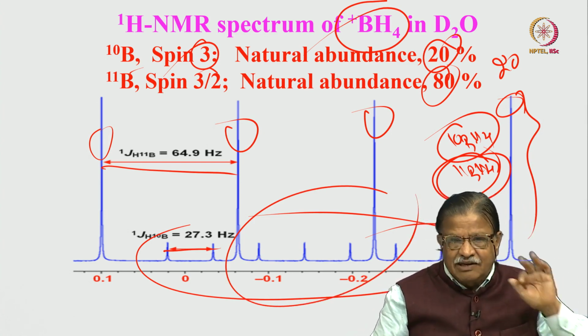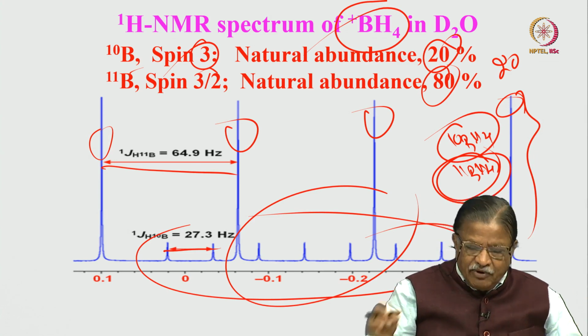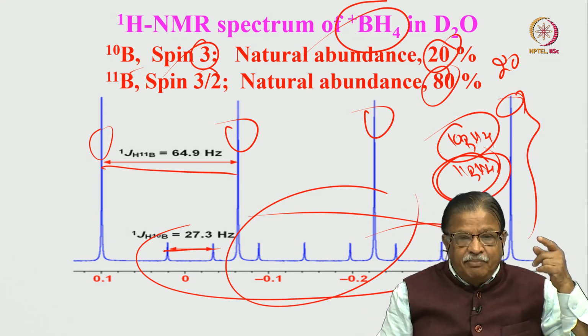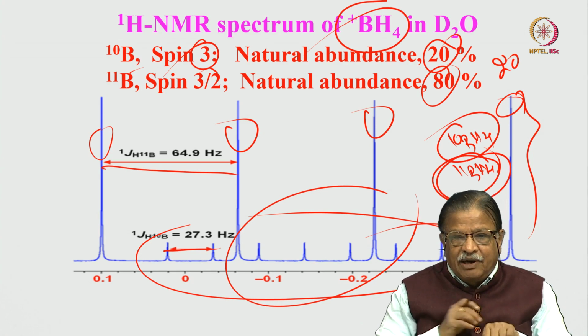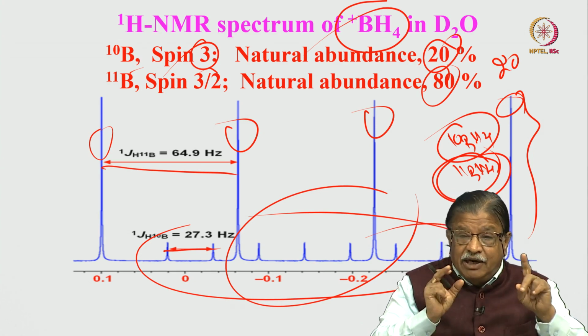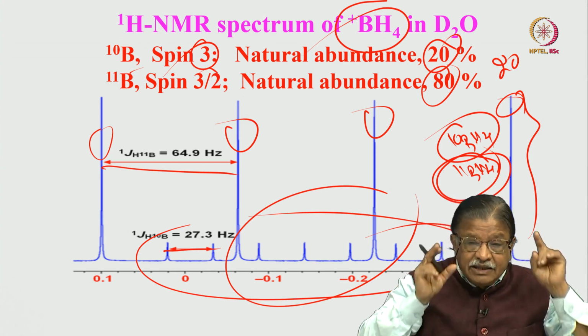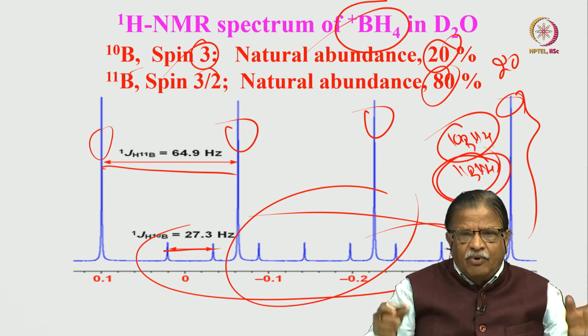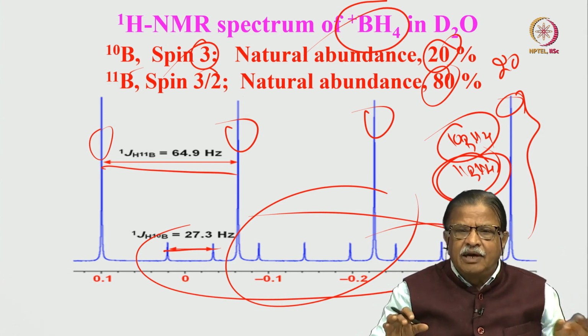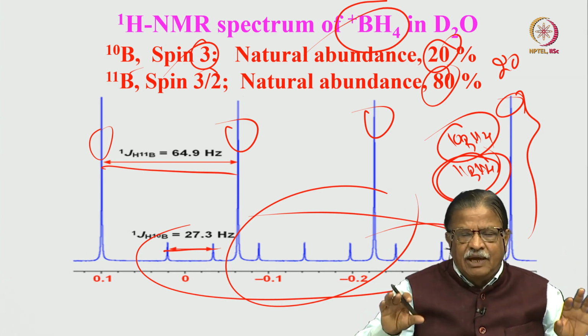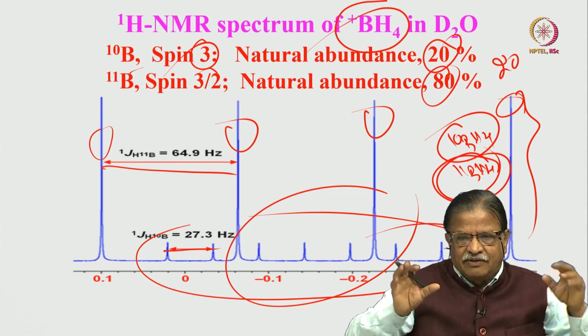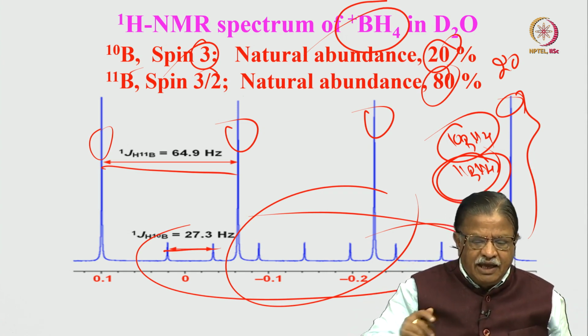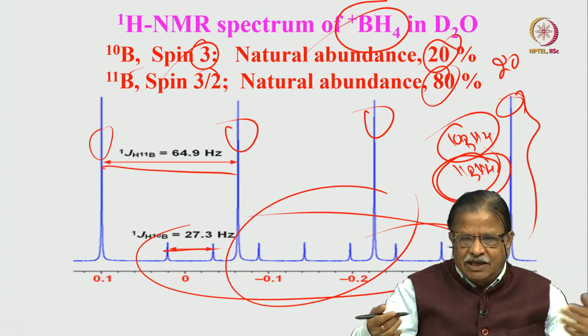This is a classical example of BH4. I am looking at the proton NMR where B10 and B11 are both coupled, in the sense that they are not in the same molecule. Please always remember there are two different types of molecules. Boron 10 H4 is one molecule, boron 11 H4 is another molecule. Their abundance ratio is different because the abundance is 20:80, and the coupling is different because the spins are 3 and 3 by 2.